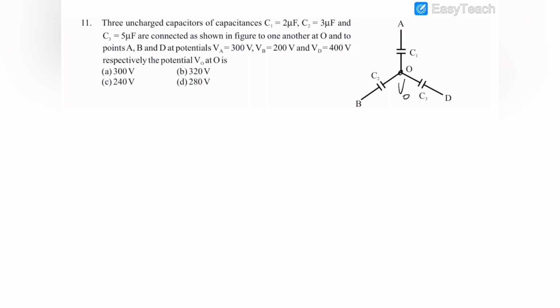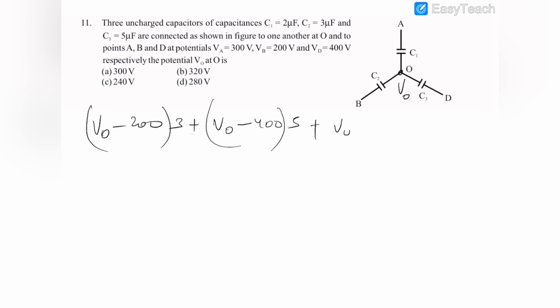So the charge flown in this direction would be VO minus VB, which is 200, into C2, because Q is equal to CV. C2 is 3. Plus VO minus VD, VD is 400, and the capacitance connected in this branch is C3, which is 5.